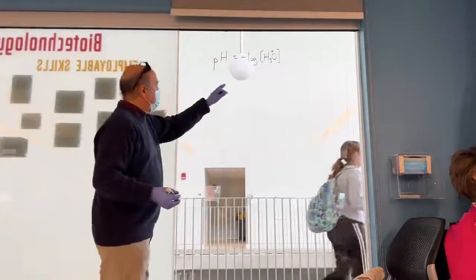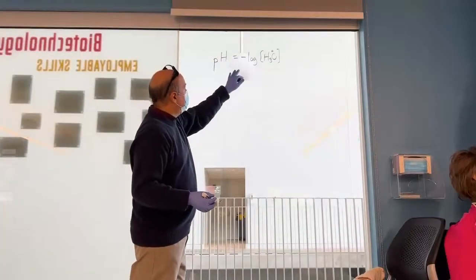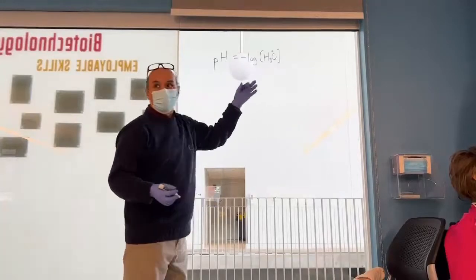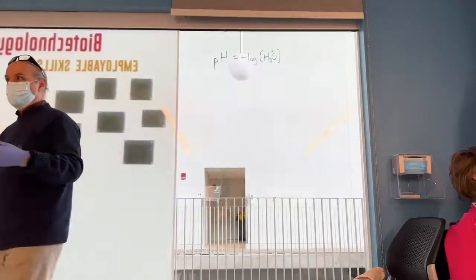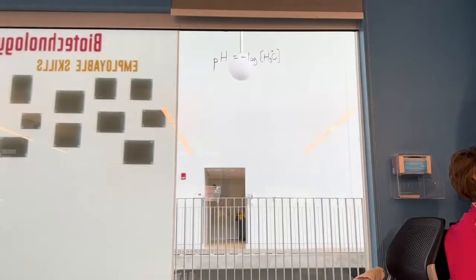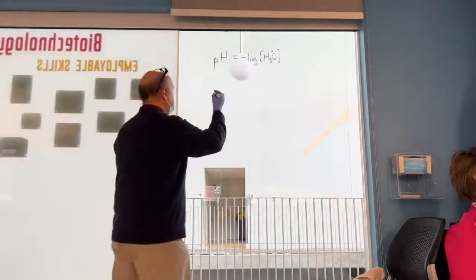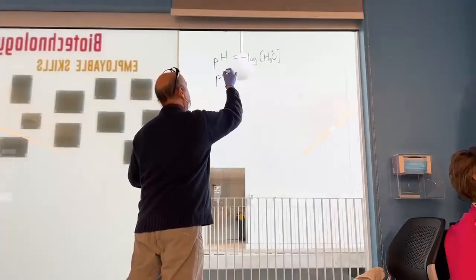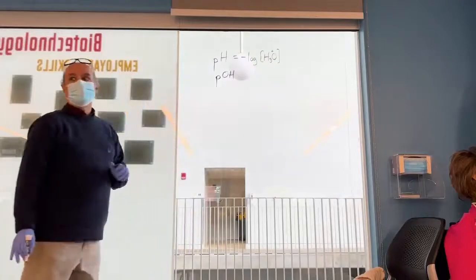Now, you know from last week also that in pure water, the value of the concentration of hydronium is 1.0 times 10 to the negative 7. So when we carry out the math, that gives you the pH of 7, the so-called neutral pH. Now, there's another scale that we don't use called the pOH.